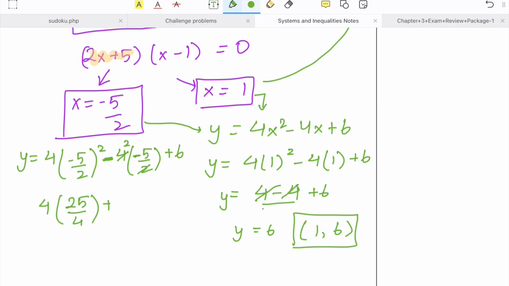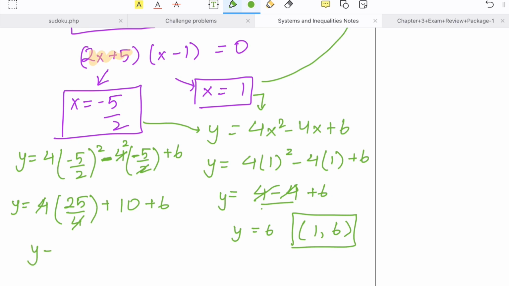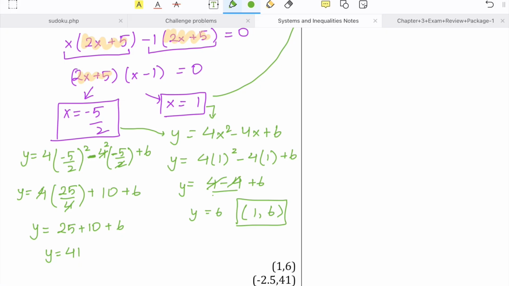So you have positive 10 plus 6. The 4 and 4 cancel. So you have y is equal to 25 plus 10 plus 6, which is equal to 41. So your point will be negative 5 over 2, comma 41. That's your second answer.